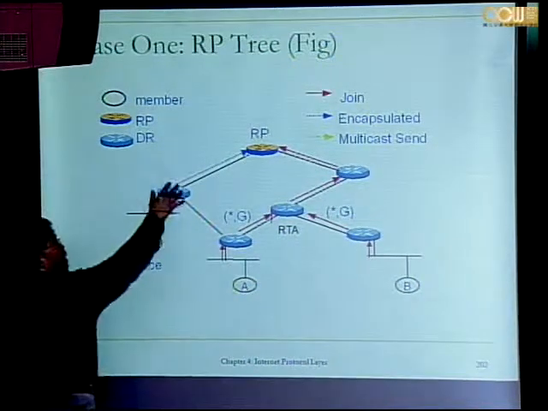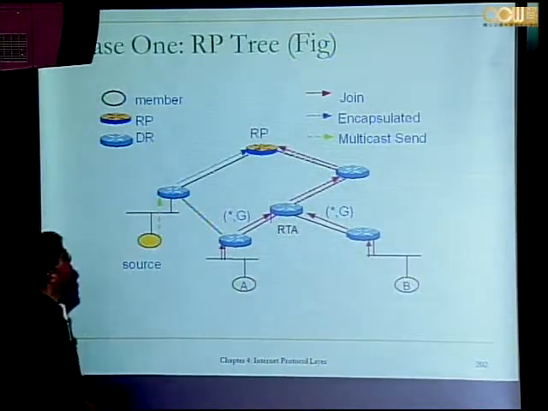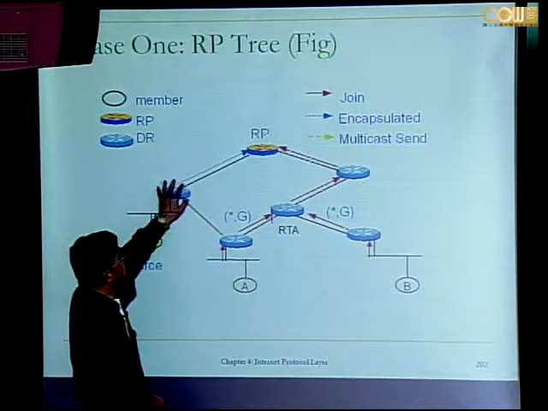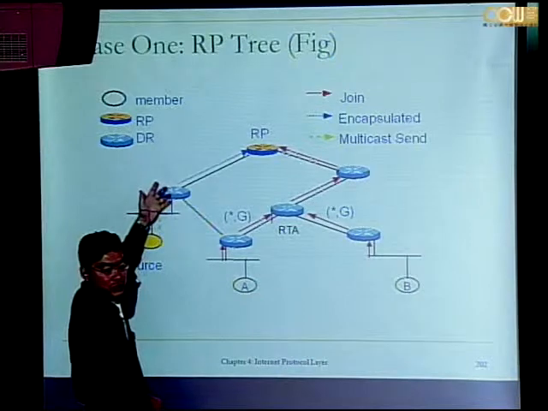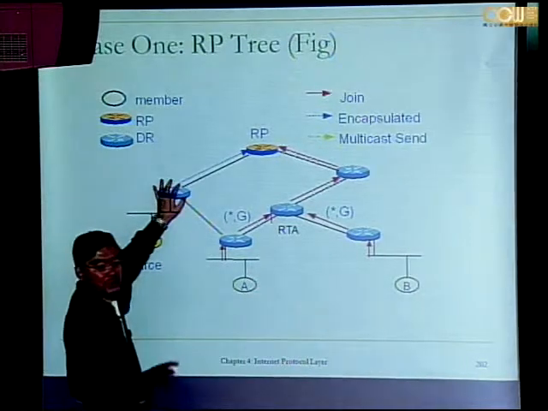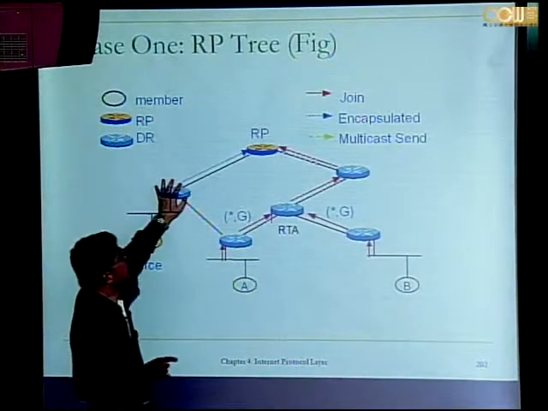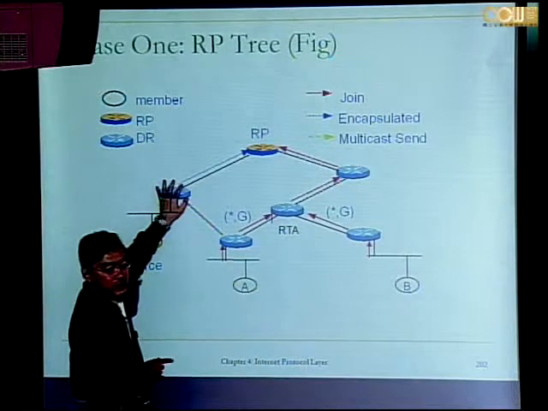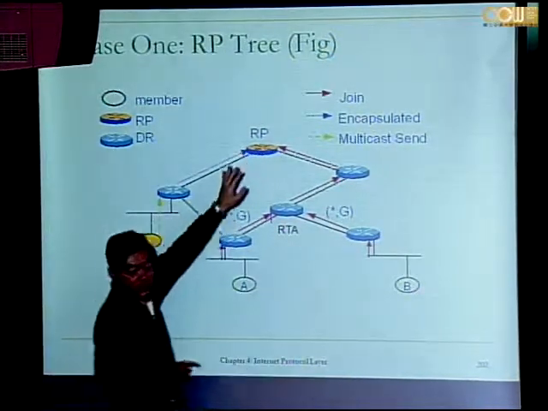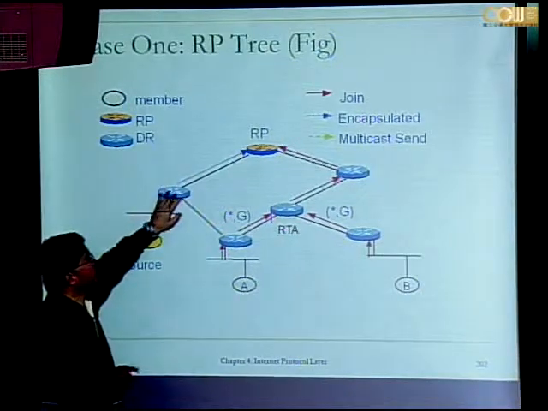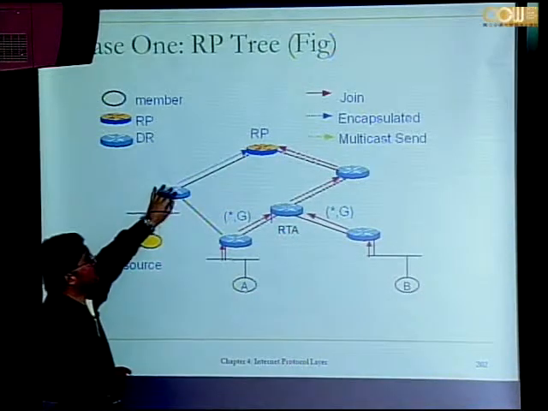It's the router that handles multicast. The host just sends a multicast packet to its edge router, and the edge router does a hash function on this class D address, and finds out, okay, this is the RP for this multicast group.